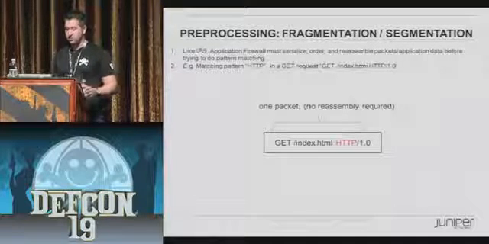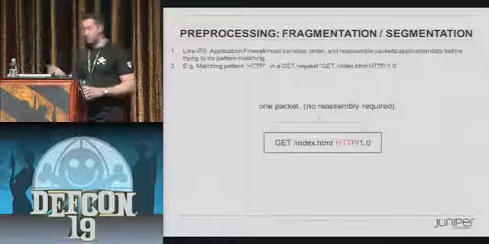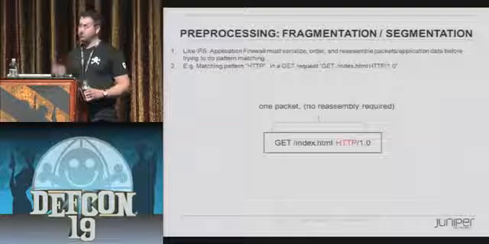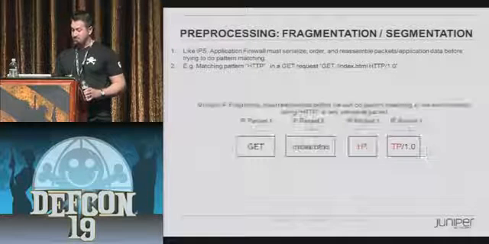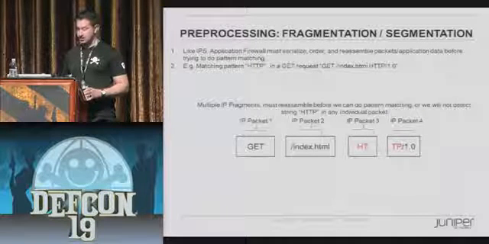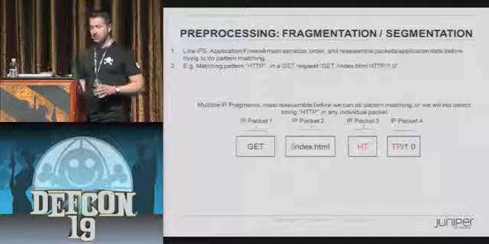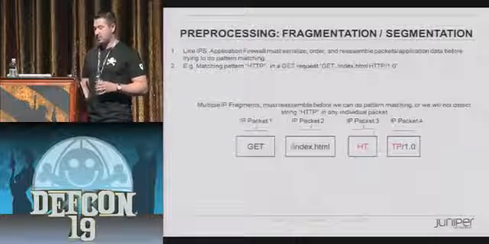And here's an example. In the case of fragmentation, if you were looking for, let's say, GET and HTTP as the pattern for the application, if it was just in a single packet, that could be fine. But if you did any kind of fragmentation, and it was looking for that pattern of GET and HTTP in an individual packet and it didn't reassemble it, then you'd be able to pass this right through.